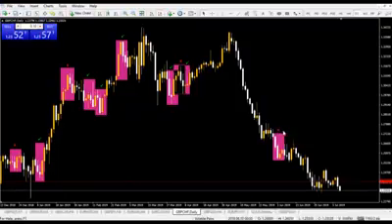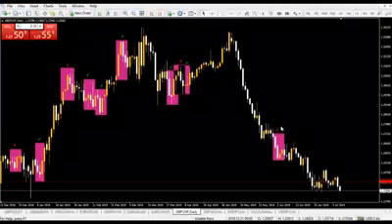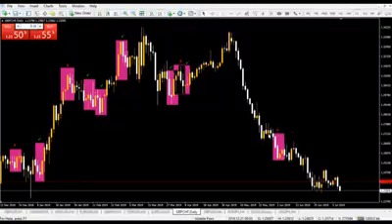So I think right now, currently, maybe 50-50, maybe 1, 2, 3, 4, 5, 6 winning trades, and 1, 2, 3, 4 losing trades. So we still have a pretty good win-loss ratio.